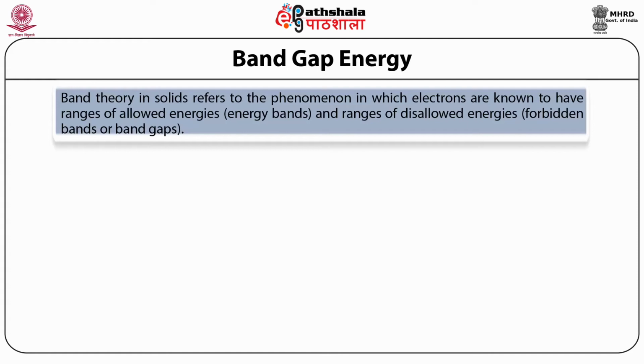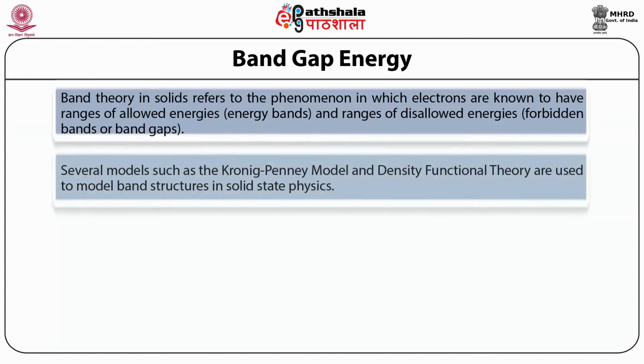The band theory in solids tells us about the allowed and disallowed energy states. Here allowed are the energy bands and disallowed are the forbidden bands or the band gaps. Numerous models have been developed to model the band structure of solids, such as the Kronig-Penney model or density functional theory, and so on.